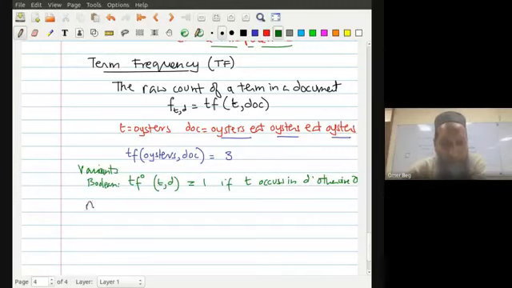Then there is another variant called adjusted TF.